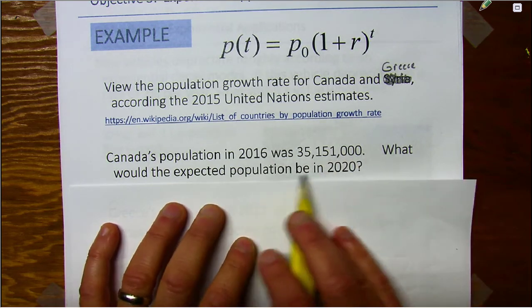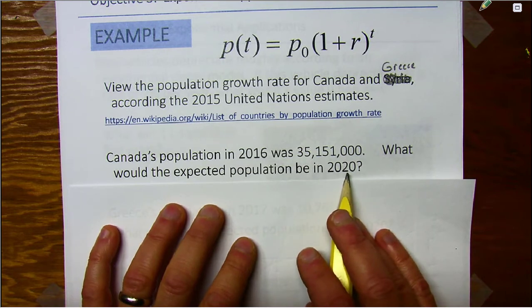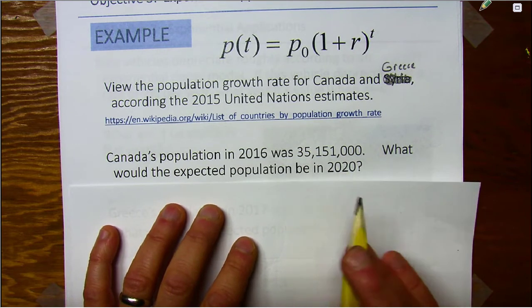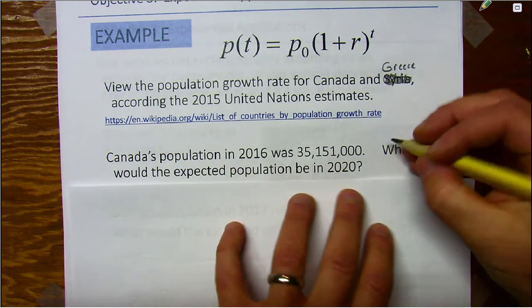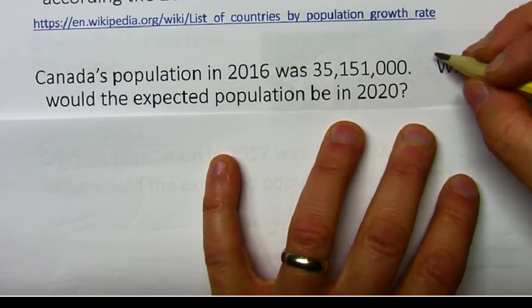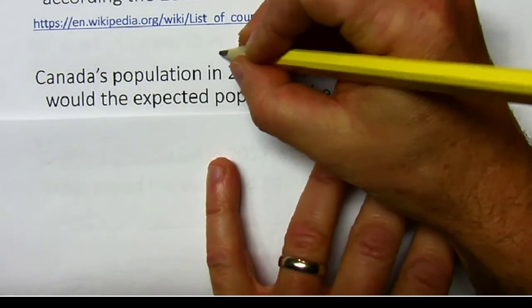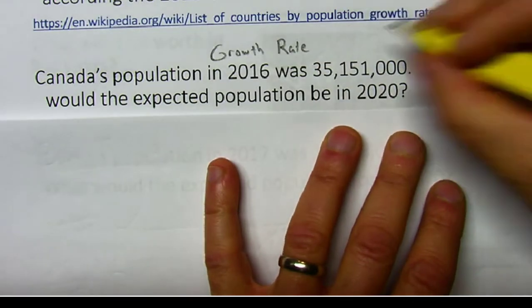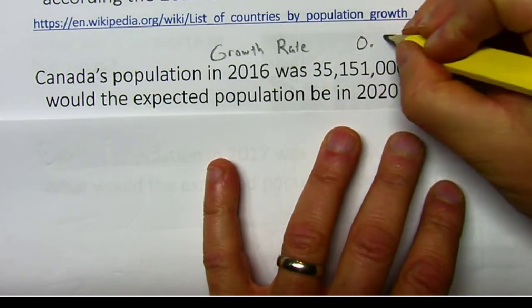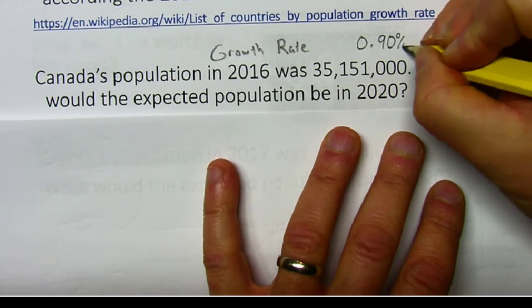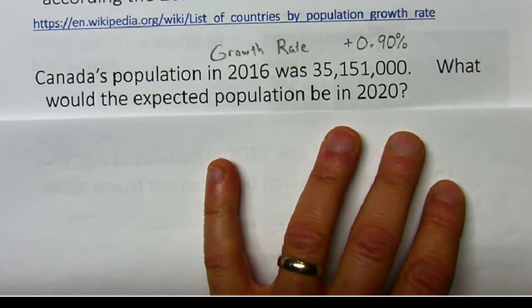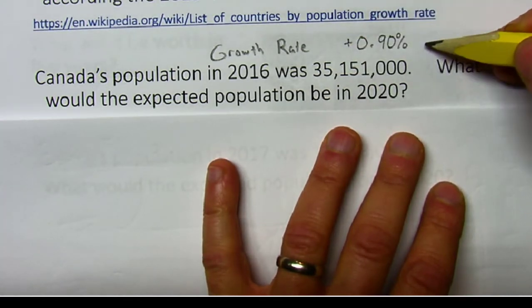And so what is the expected population in 2020? That's an easy question to answer if we know the growth rate. Canada's population does not grow very fast. Its growth rate is less than 1%. It's only 0.90%.